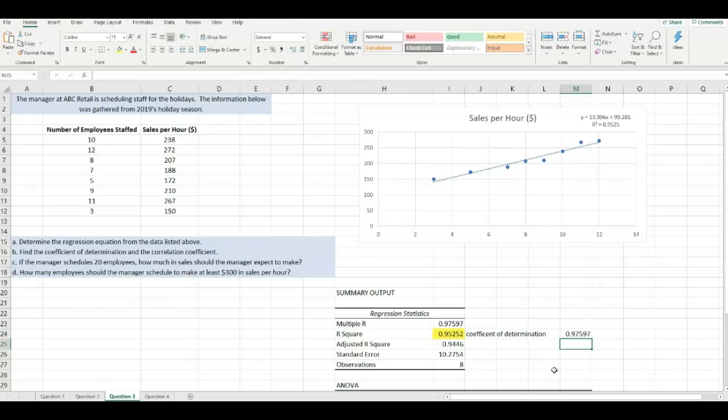Where else do we see that? Right here with multiple r. So the multiple r is going to be your correlation coefficient. If you forget that, you can always just take the square root of that r squared.